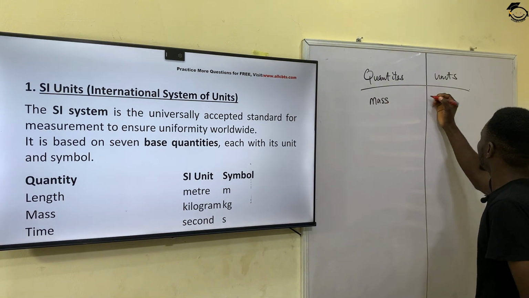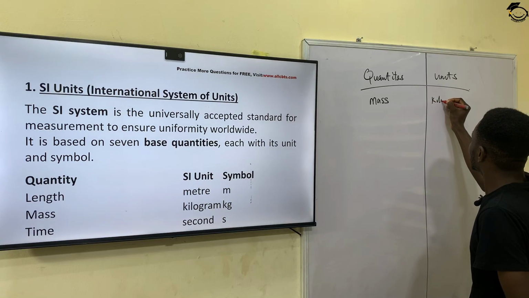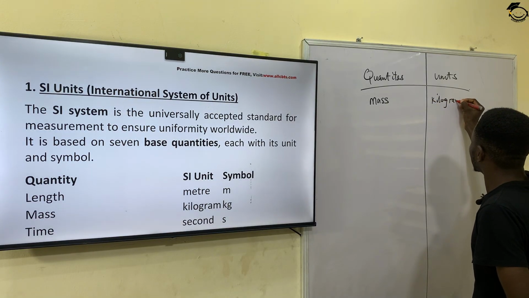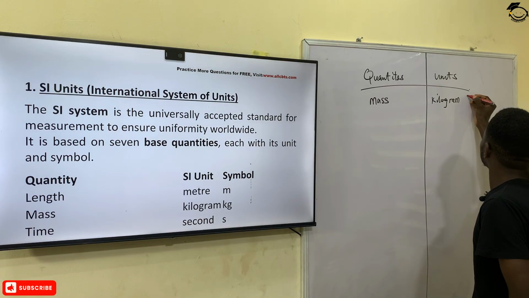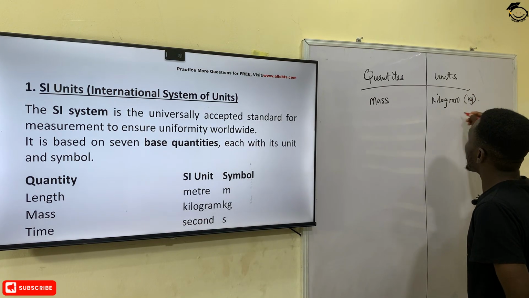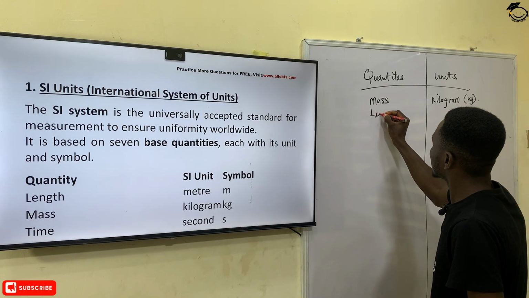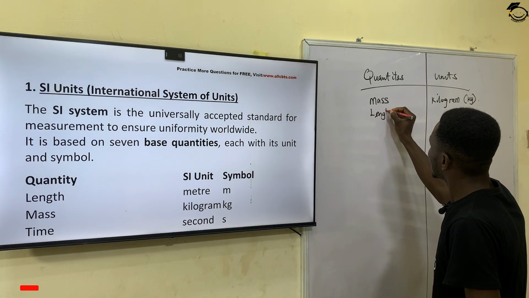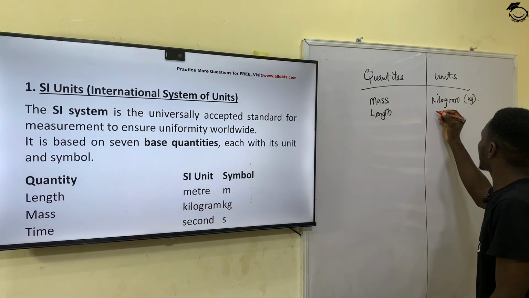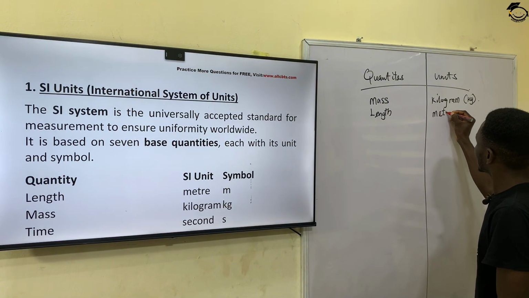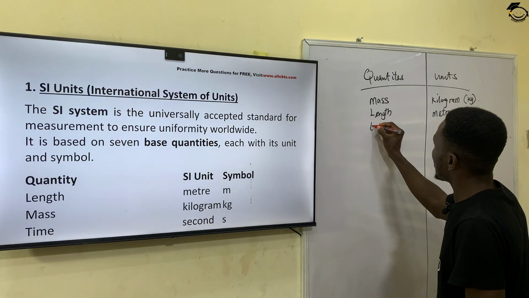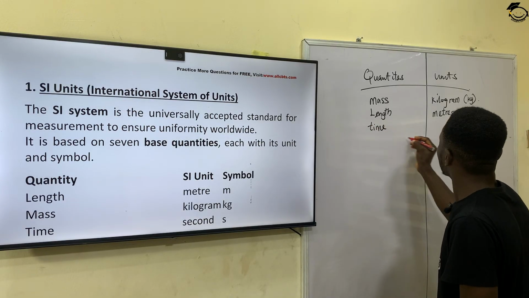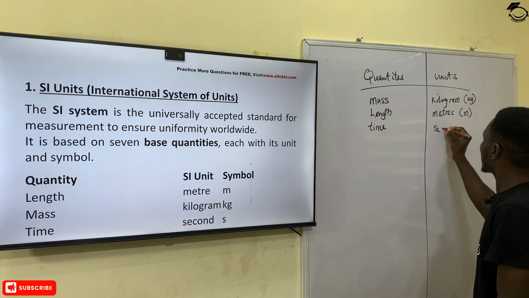Mass is measured in kilogram, kg. Then we have length. Length is measured in meters. Then we have time. Time is measured in seconds.